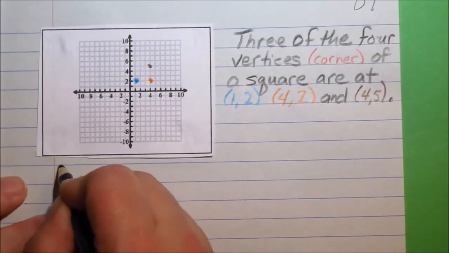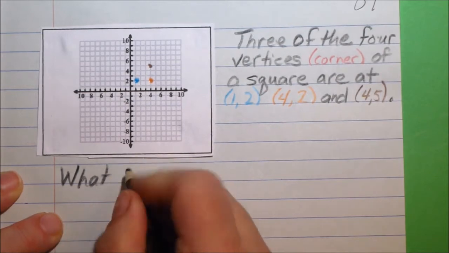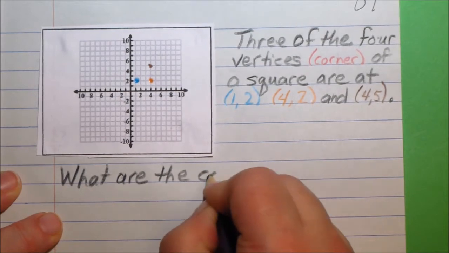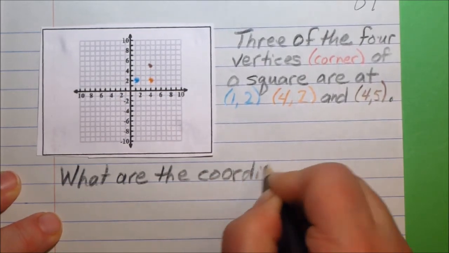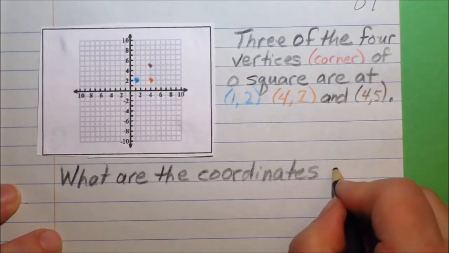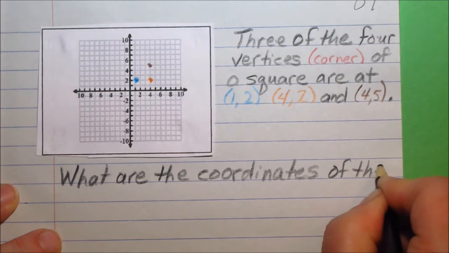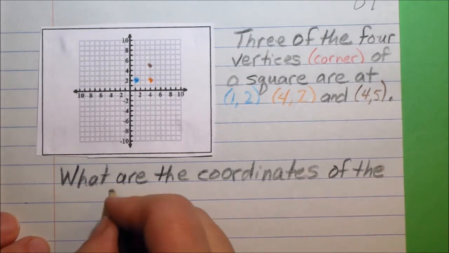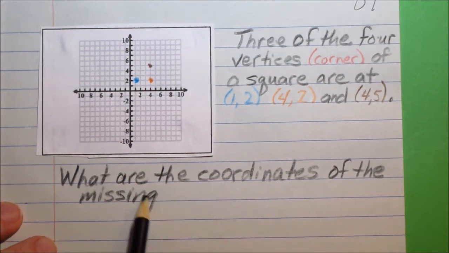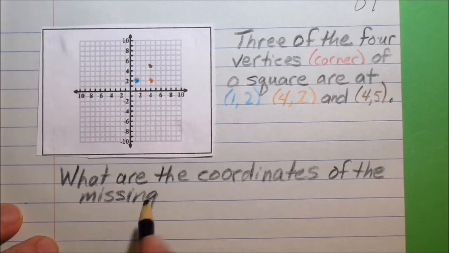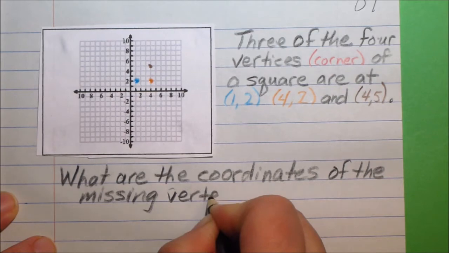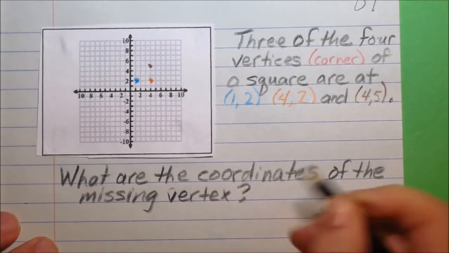The question is, what are the coordinates of the missing vertex? Asking what the coordinates are is the same thing as asking what's the ordered pair of the missing vertex. All right, so let's figure that out.